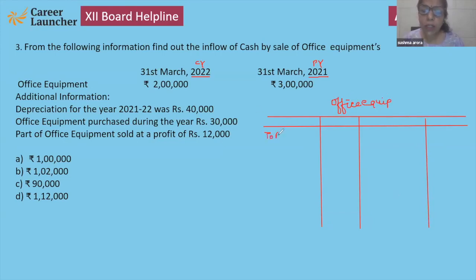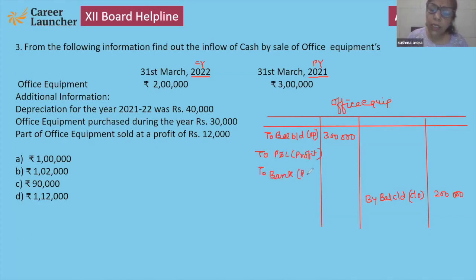Okay, see, always balance BD, opening balance. All assets have debit balance, so here opening balance is 3 lakh. Okay, and by balance CD, closing balance also given, that is 2 lakh. Now see, here only 2 things you will put: P&L, profit, and next bank, purchase.